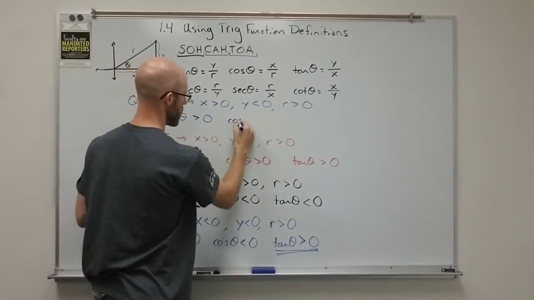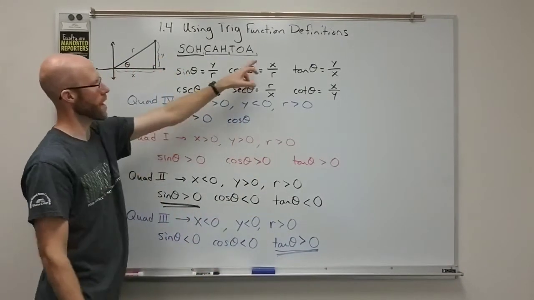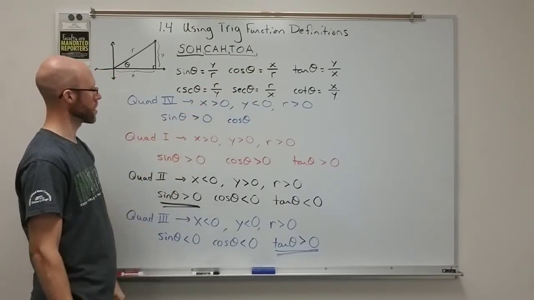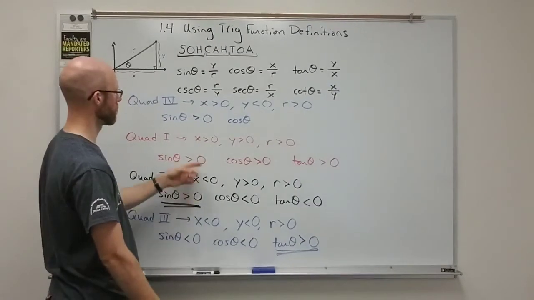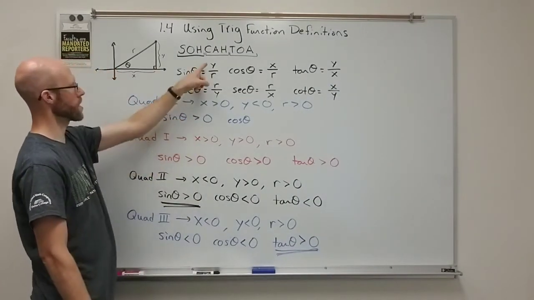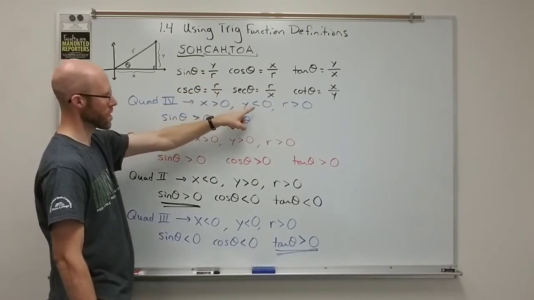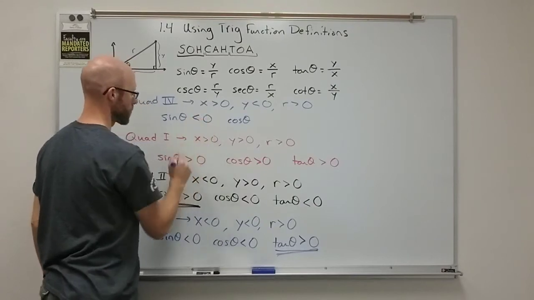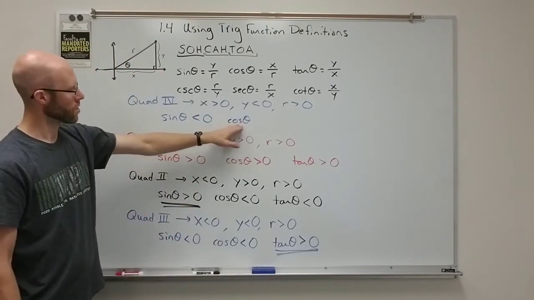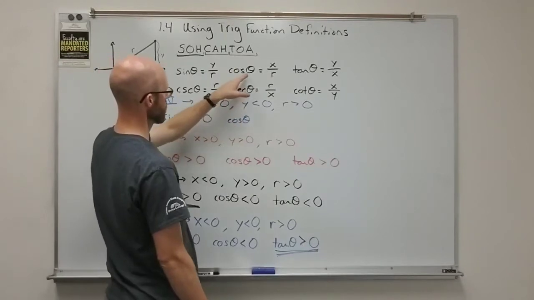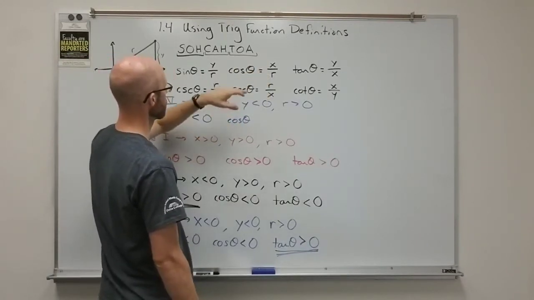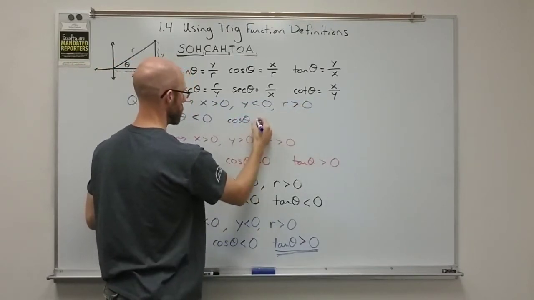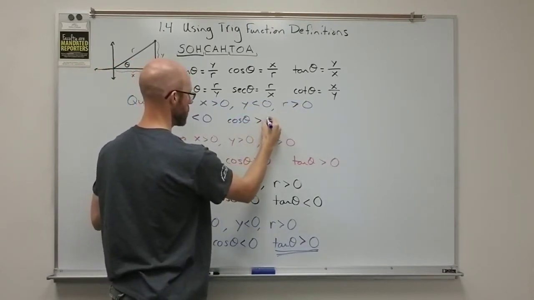The cosine is going to be x over r, which is, oh, did I just do that wrong? I pointed at the wrong thing, I think. Sorry, the sine was y over r, which is a negative over a positive, which is negative. Sorry about that. Okay. The cosine is x over r, which is positive over positive, and so that'll make a positive value.